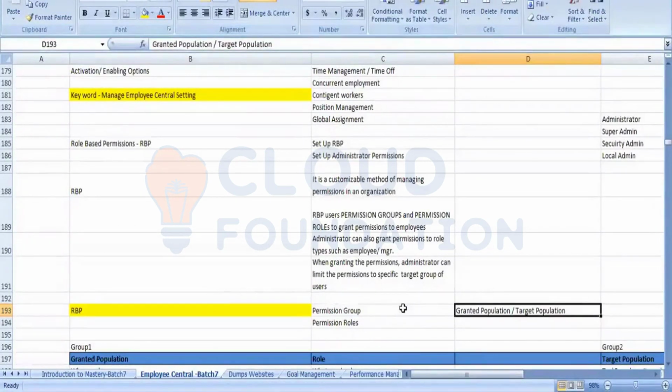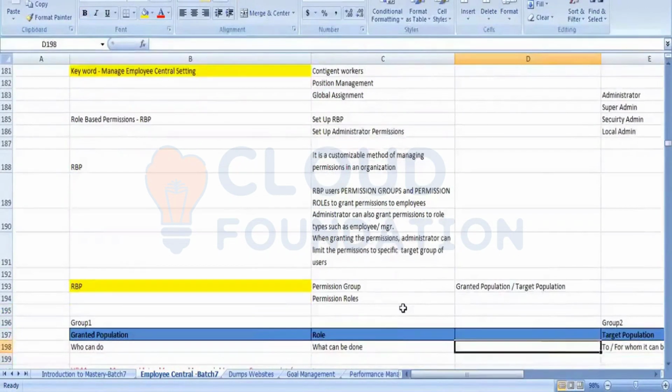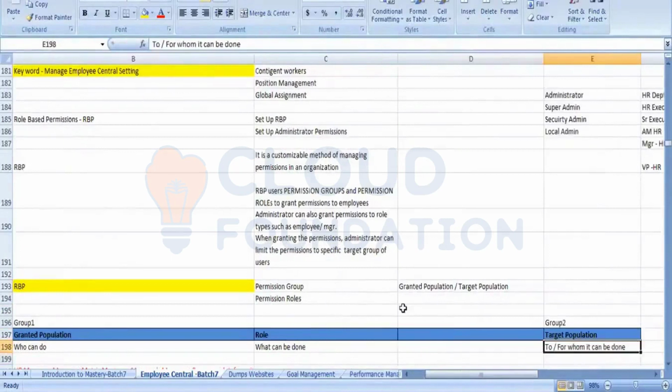So the target population here will be those to whom you are doing the changes, that is, the employees working in Germany. That 100 employees who are working in Germany will act as the ones for whom it can be done. That is the target population.